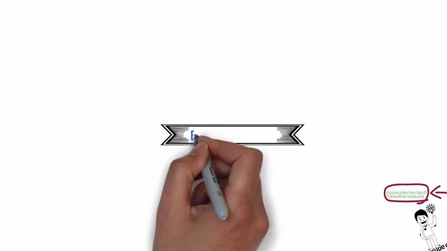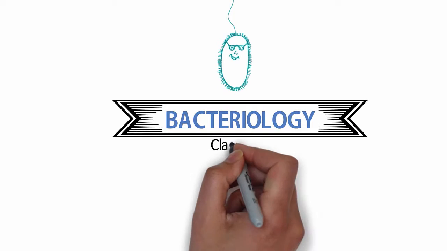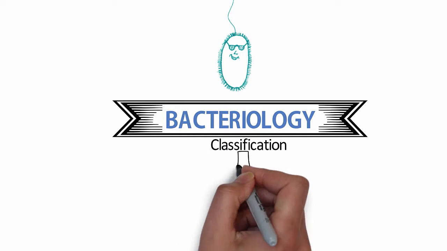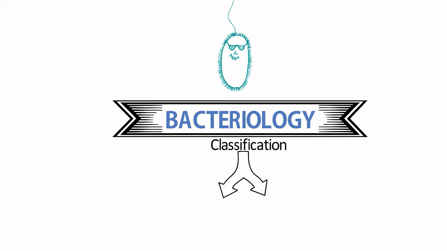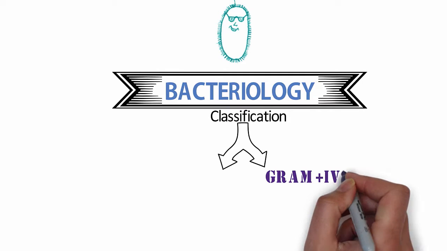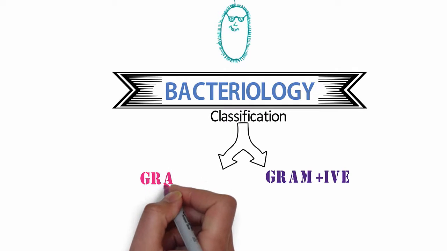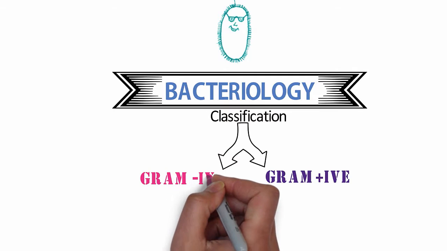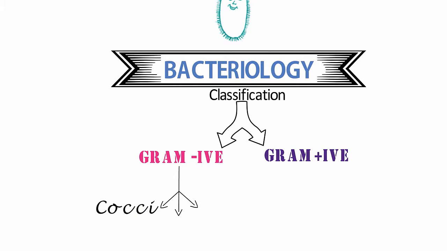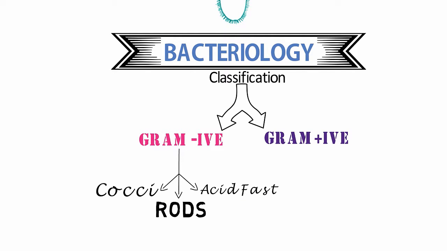Now let's focus on the bacteriology of this pathogen. So we describe the general classification and put Pseudomonas aeruginosa in it. We broadly divide bacteria into gram-positive bacteria and gram-negative bacteria, and we further divide gram-negative bacteria into gram-negative cocci, gram-negative rods, and acid-fast bacteria.